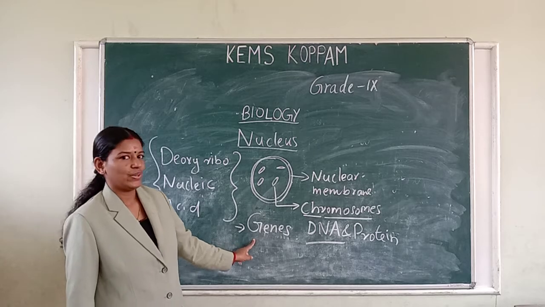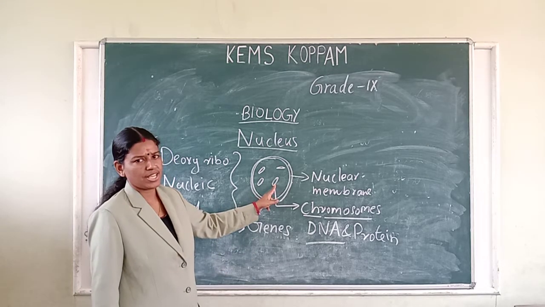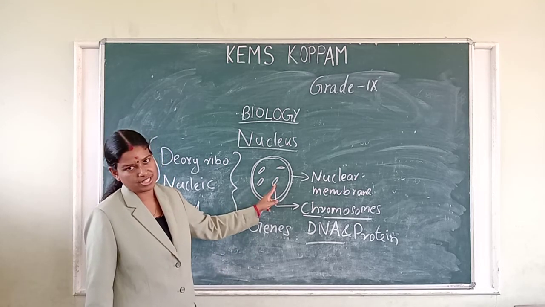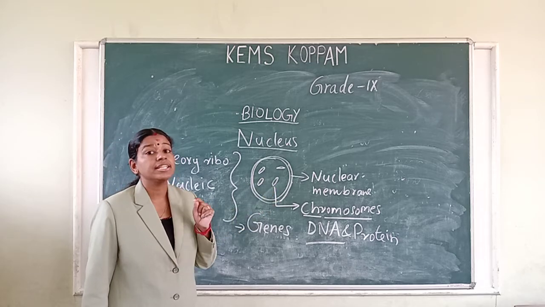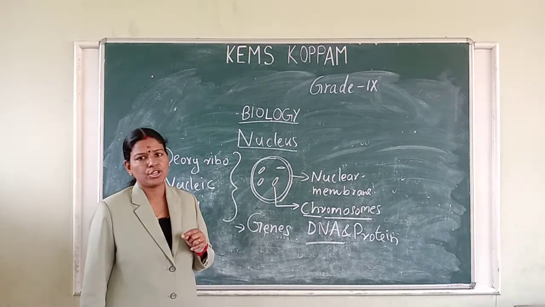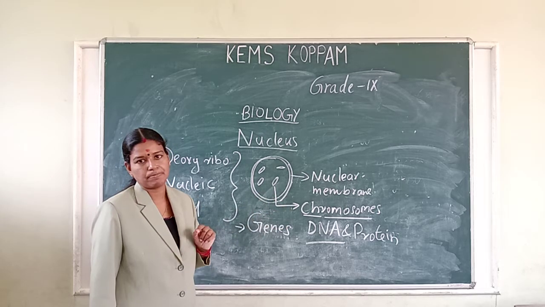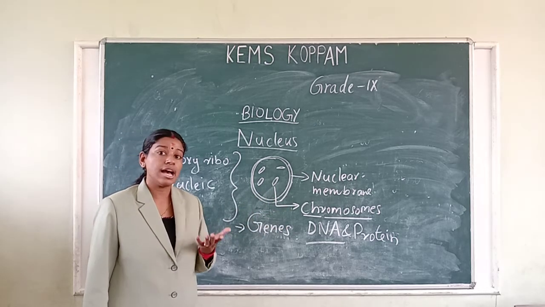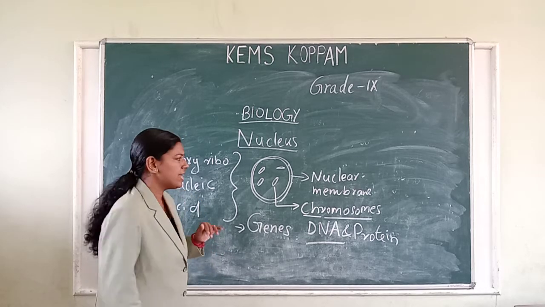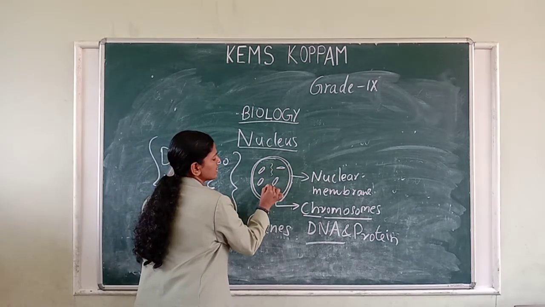Now, these chromosomes in the form of rod-shaped structures are visible at the time of cell division only. During cell division only, these chromosomes will be visible as rod-shaped structures. Otherwise, these chromosomes will be thin thread-like structures.